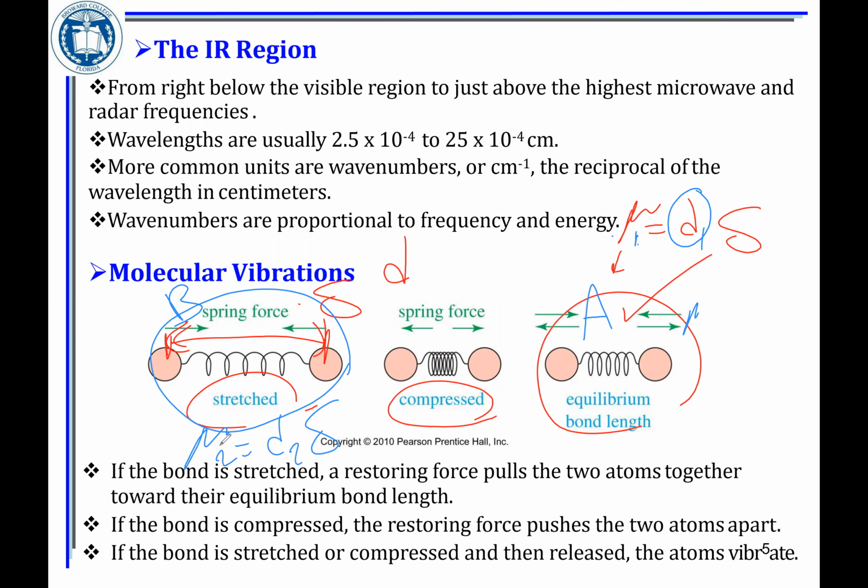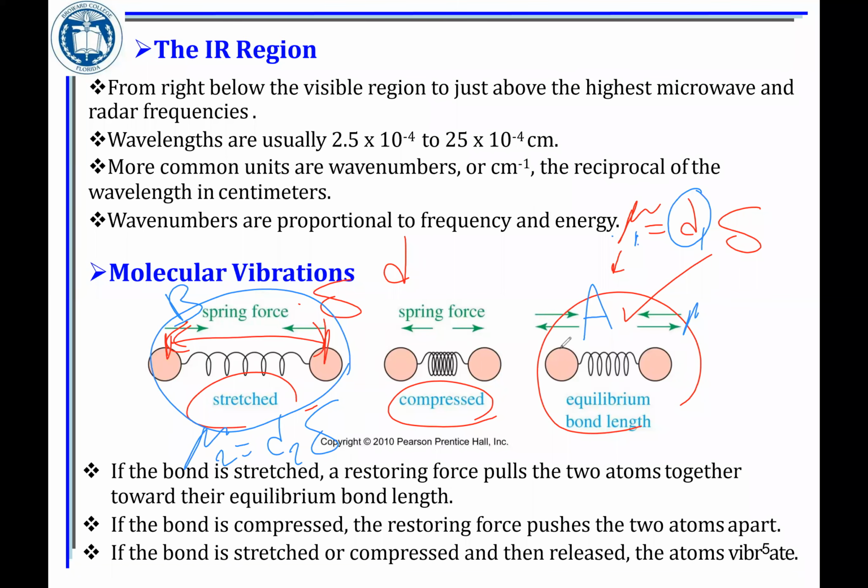Also, the machine is going to detect how much light, at what frequency or what wavelength, the light was required to stretch this bond. The stronger the bond is, the stronger or higher energy light it is going to require. So basically, light in a different region, with a different wave number or different frequency, is needed to stretch different bonds.